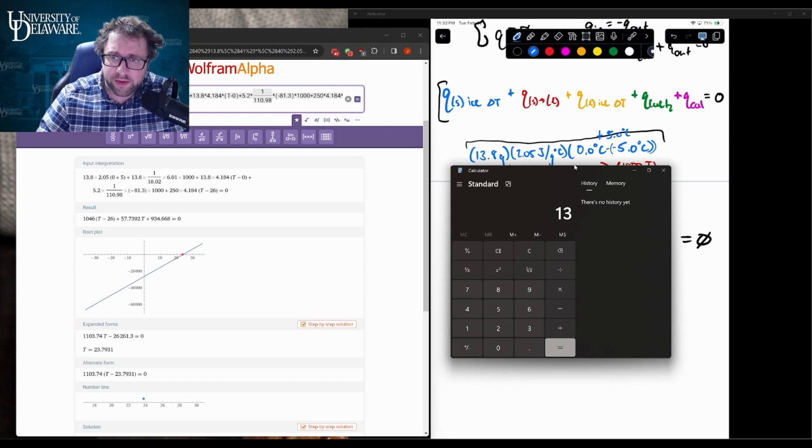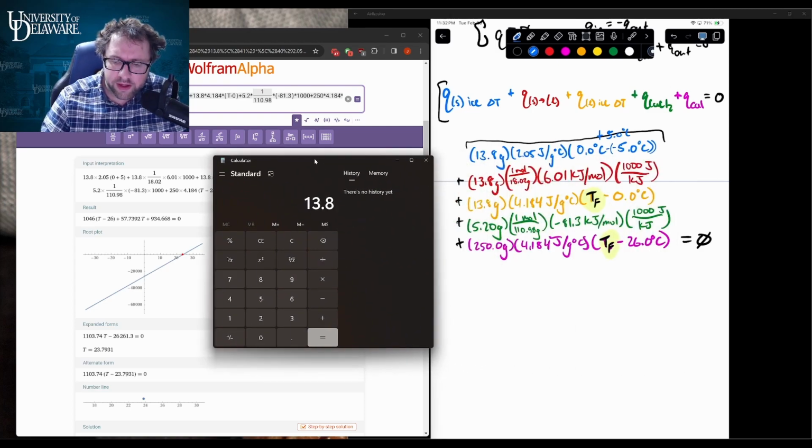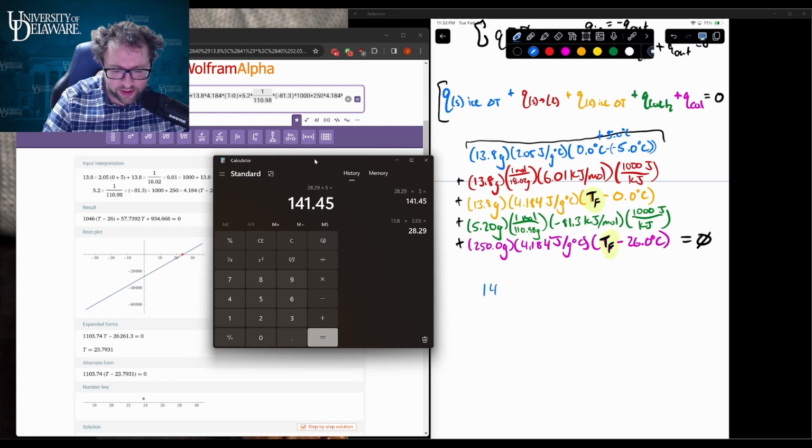So we have 13.8 times 2.05 times 5. This is hard to type on with my pen in my hand. So that gives us 141. I'm just going to round there. This is a 2 sig fig answer, so we have 141 joules.